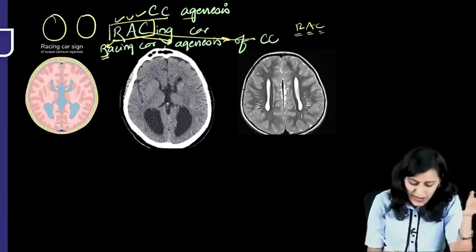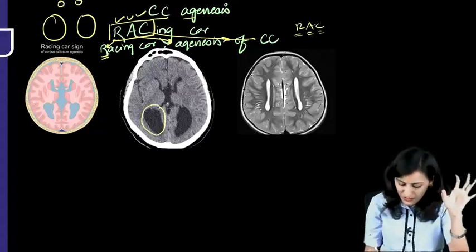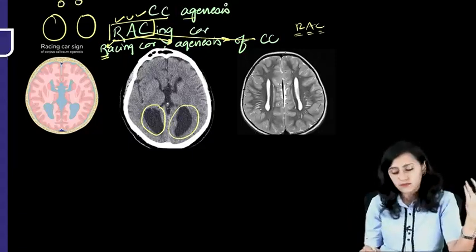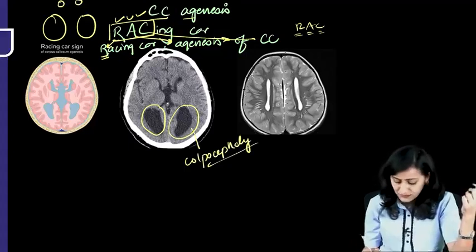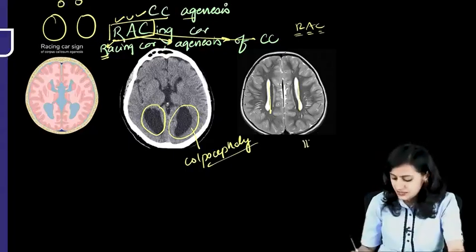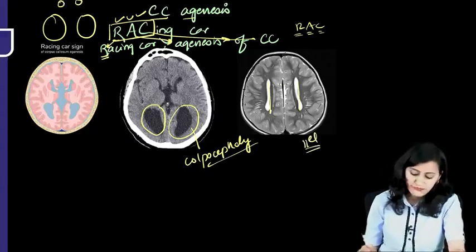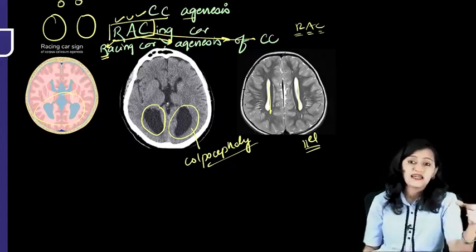Racing car has the back wheels larger as compared to the front wheels. So here what happens, the posterior horn of lateral ventricles becomes more dilated. That is called colpocephaly. And the lateral ventricles can have this parallel arrangement. So this is a feature of corpus callosum agenesis. So this is racing car lateral ventricles.